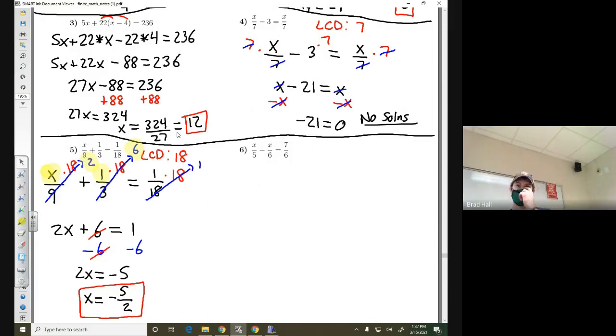We get -5/2, because that fraction doesn't really simplify anymore. Does anyone have any questions about the implementation of the least common denominator?